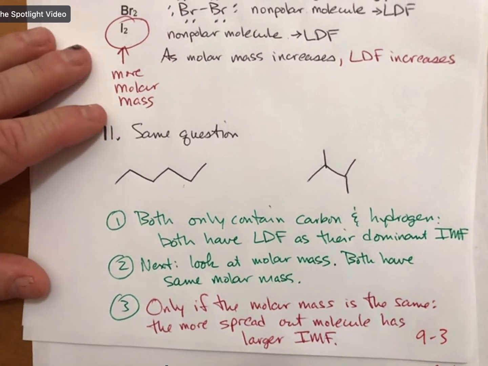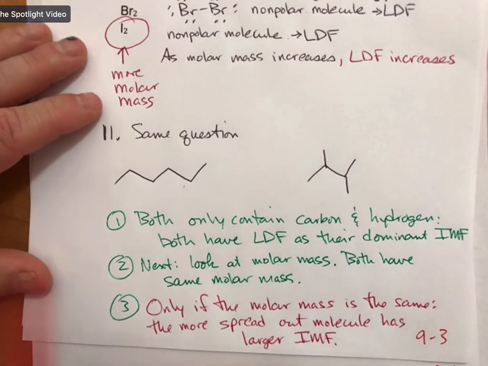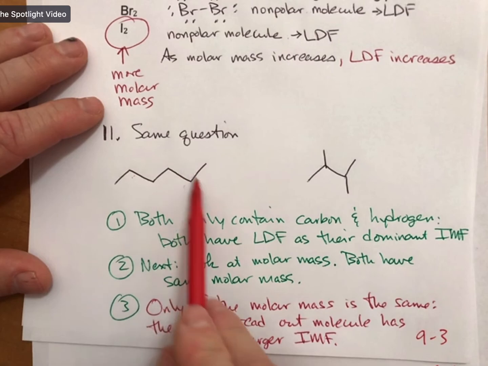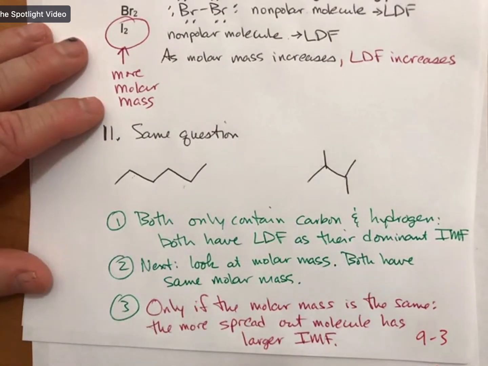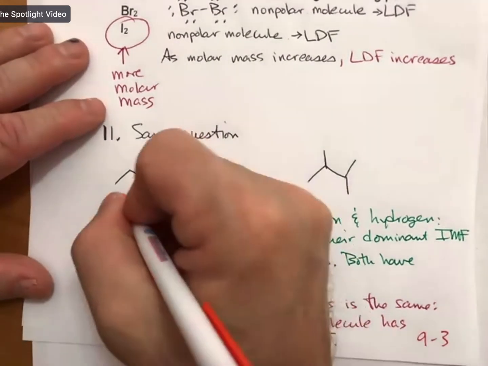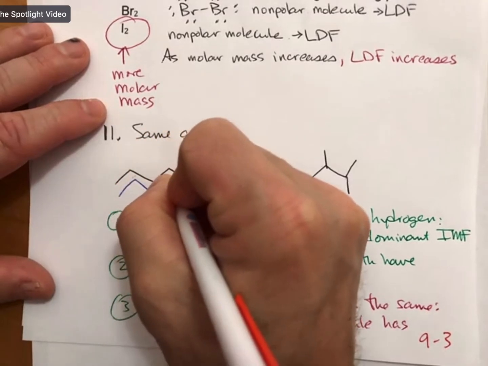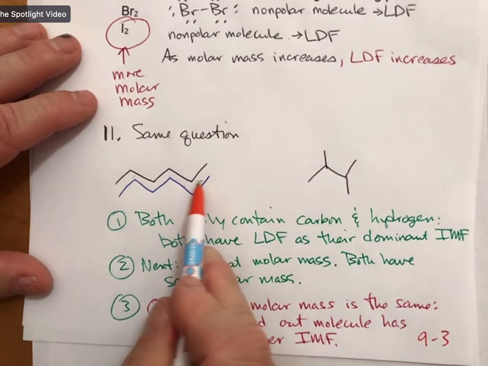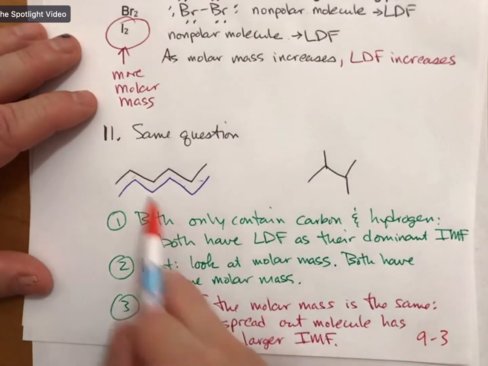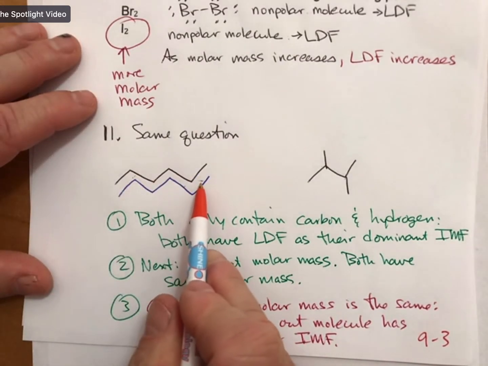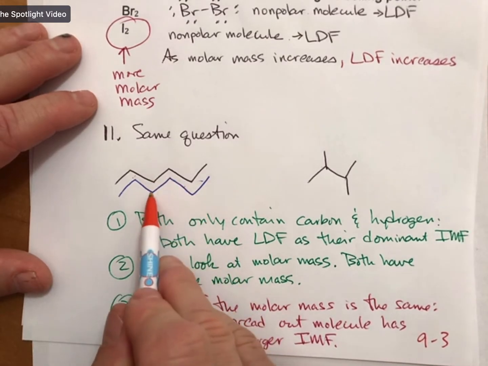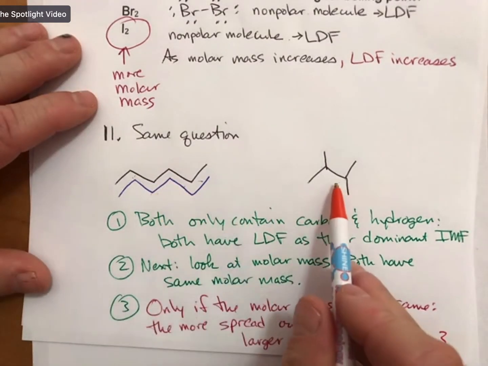And here's what I mean by more spread out. If this molecule is trying to interact with another of the same molecule, we could put that other molecule here. And you can see that there's a large surface area, that this molecule is more spread out and can have larger interactions with a neighboring molecule than this one.